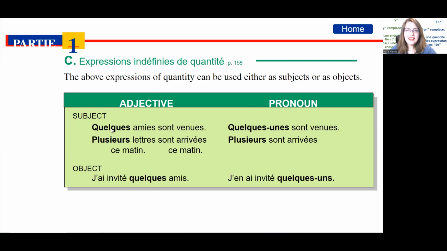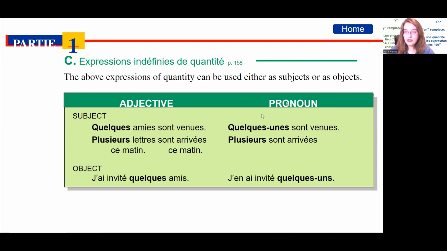In this sentence, quelques amis sont venus, ami is the subject of sont venus, and quelques is an adjective that describes ami. Plusieurs lettres sont arrivées. The lettre is the subject of sont arrivées, but plusieurs is an adjective that describes lettre. Okay, so it's an adjective of a subject.